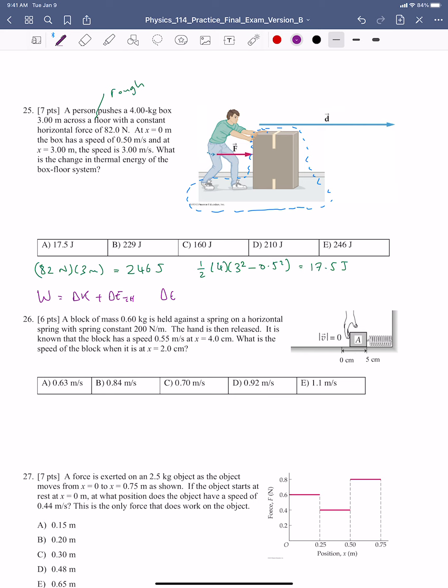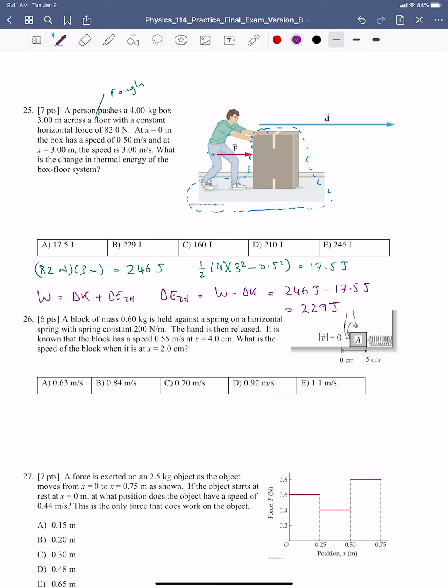So the change in the thermal energy would be equal to work minus delta K. We've just solved those two values up there, so 246 minus the 17.5 joules. So around 229 joules for the amount.